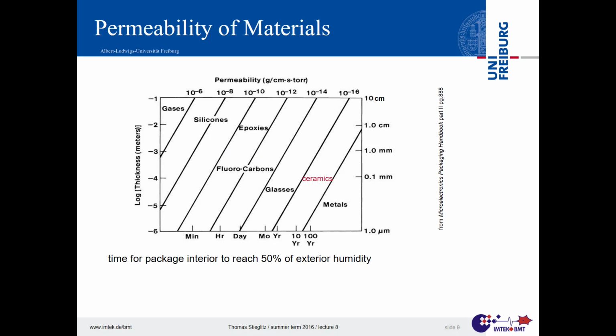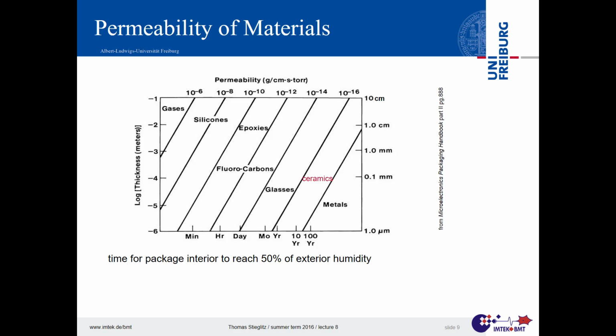If we talk about packages, this is the most important graph ever. And it comes in many versions. This is about the permeability of materials for water vapor on the x-axis and the thickness of those materials on the y-axis.